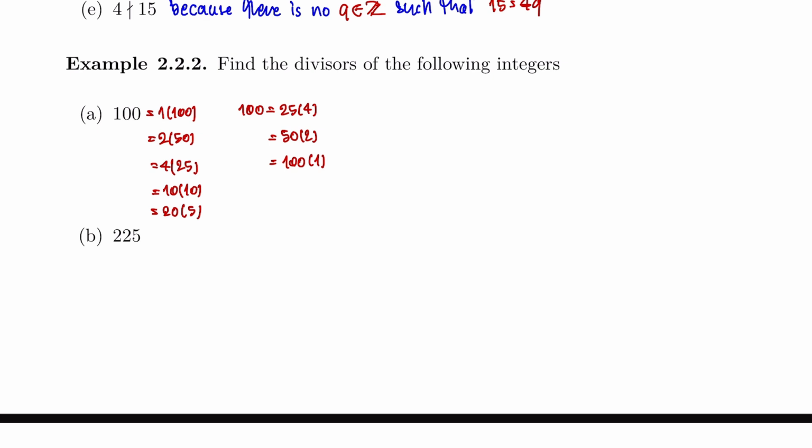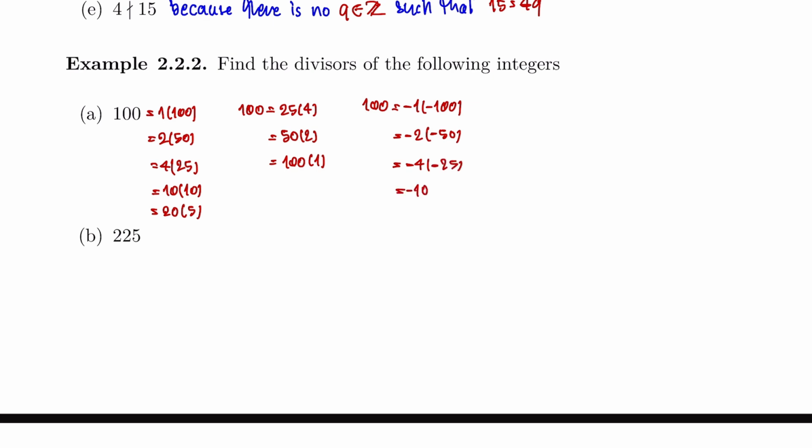But these are just positive divisors. We can have negative divisors too. For 100, if you divide 100 by minus 1, there exists minus 100. If you divide it by minus 2, you have minus 50. If you divide it by minus 4, you will have minus 25.